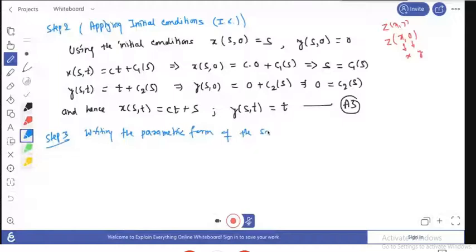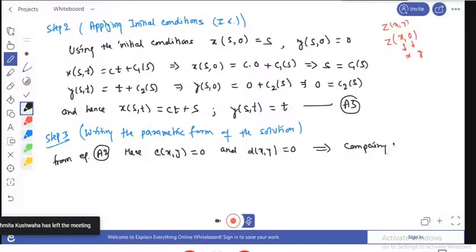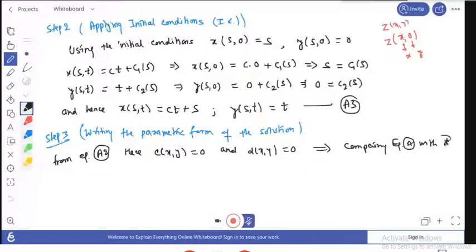Here, if you take our A2 equation, what is the value of c of xy, comparing from the main equation with the standard form equation star? You have the c component is 0, and also this d of xy is also 0.